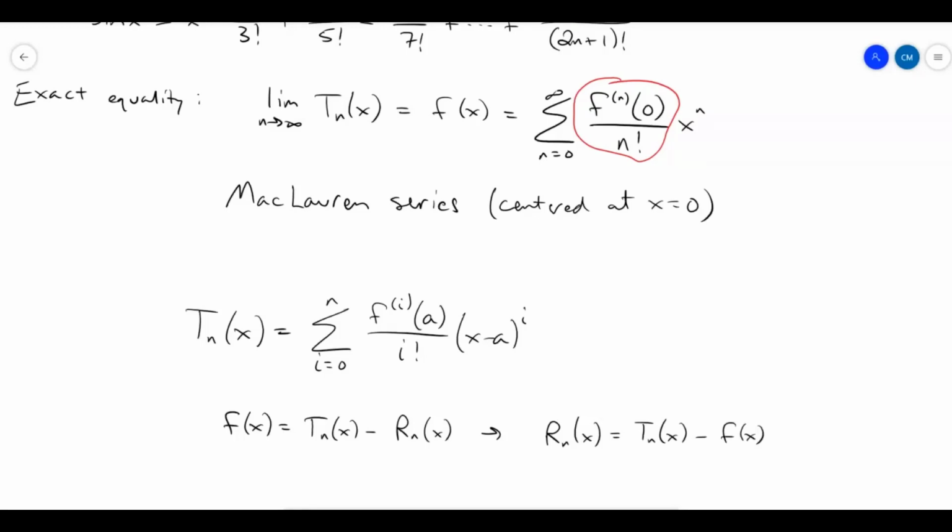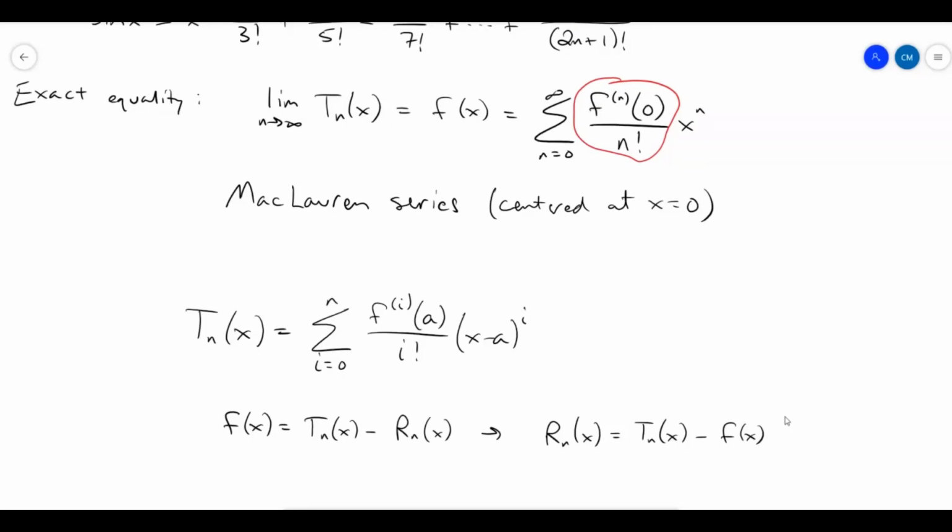And so what do we want to see here? We would like to see that remainder be as small as possible, right? The remainder, again, is the difference between what the approximating polynomial outputs for any x value versus what the function itself outputs, right? So if the function is outputting something different than what the polynomial is outputting, there's that difference there. We would like that difference to be as small as possible.